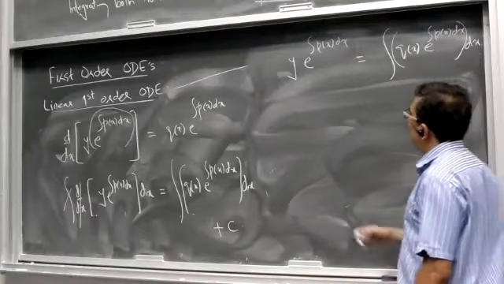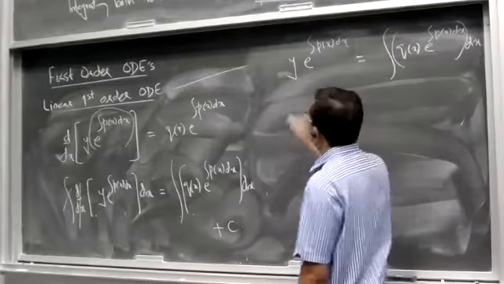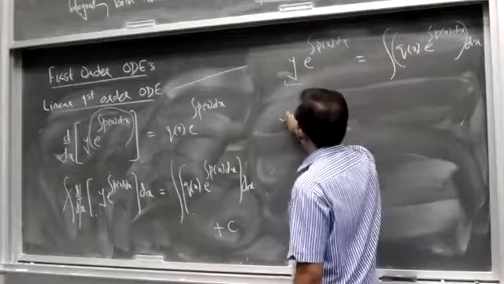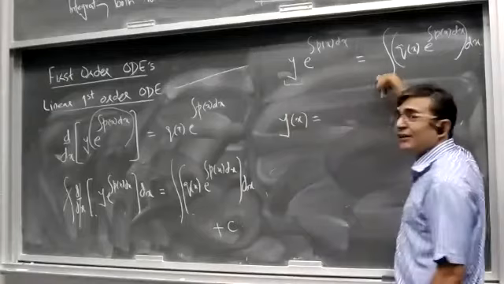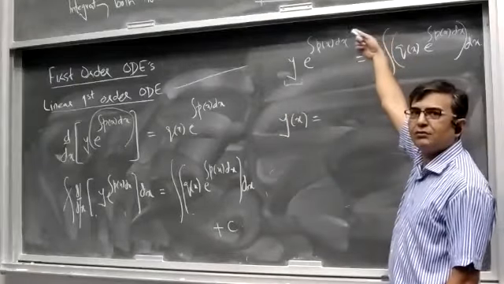Now, what we wanted to compute is y. Okay. You can take this thing on the right hand side. So we obtain y of x equal to, this will be divided here in the denominator, and then we can take it into the numerator.